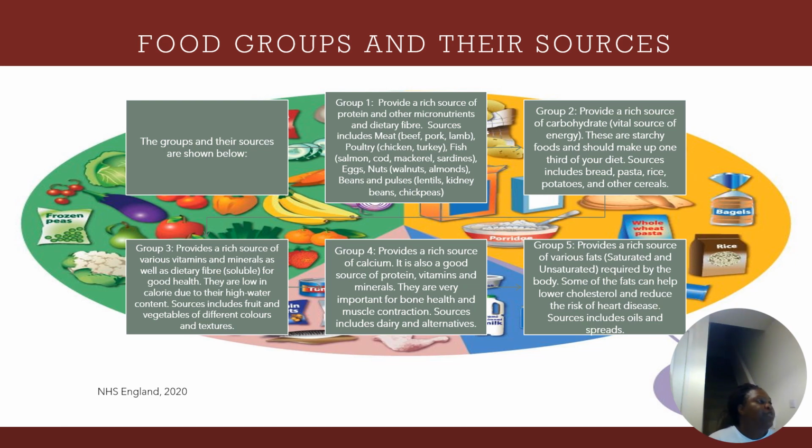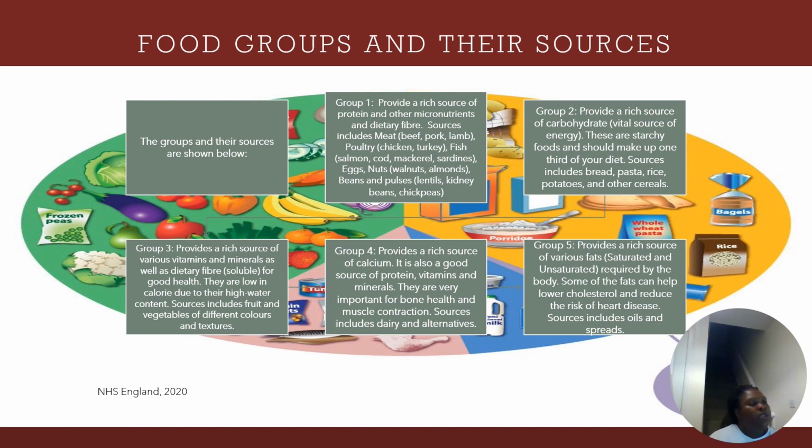The five groups are: group one provides a resource of protein and other macronutrients. And the sources are fish, chicken, turkey, almonds, walnuts.